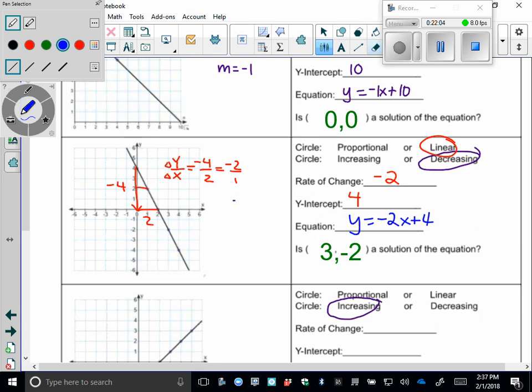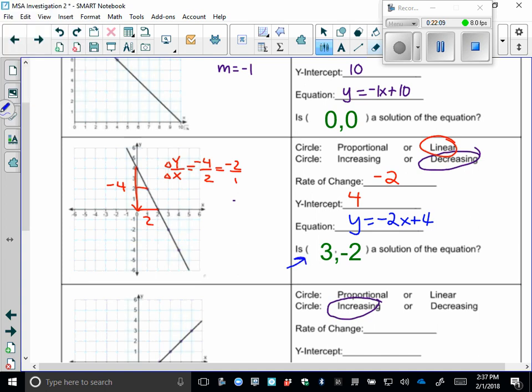Is 3, -2 a solution? You have to see if it's on the graph. So go to 3, right here, right? Yes. It's on the line. It lands on the line, right? Yeah. So we say yes.